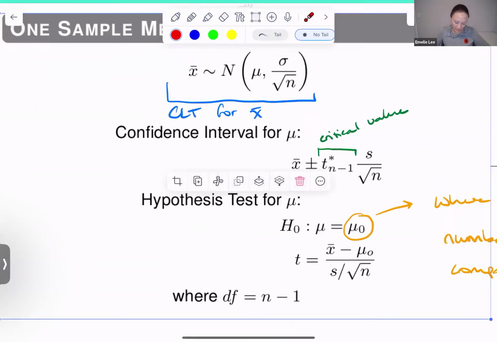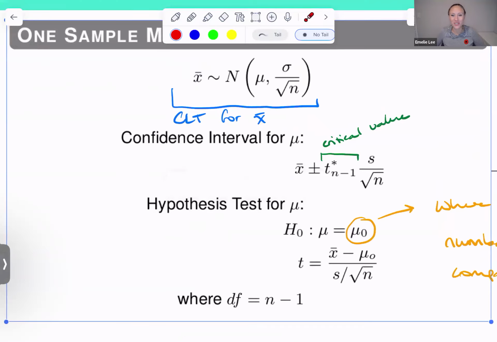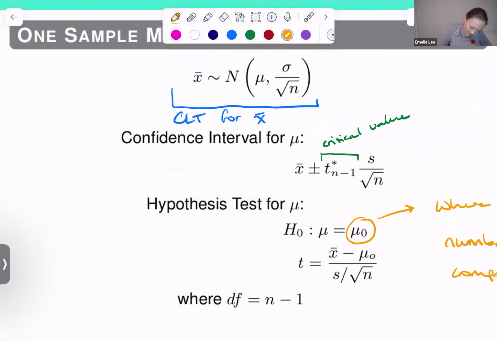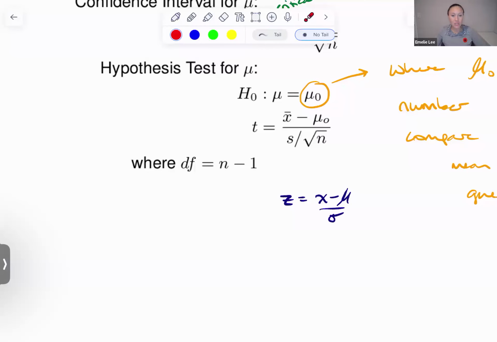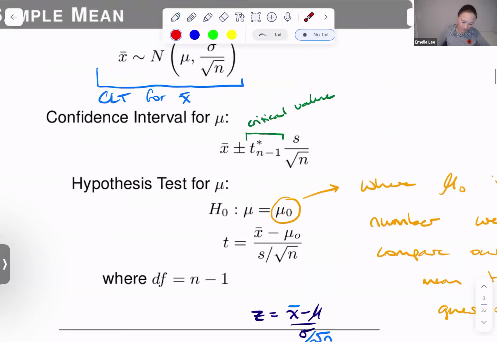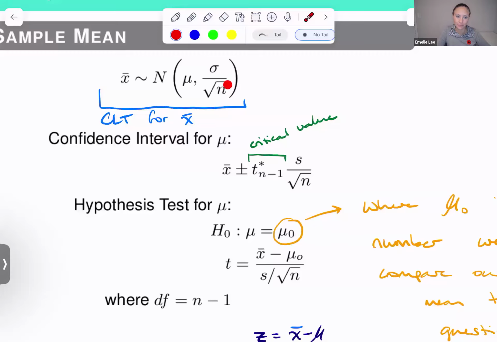If you think about the very first z that we saw, z equals x minus mu over sigma, we've changed some things. X turned into x bar, and now my standard deviation for x bar is sigma over root n.